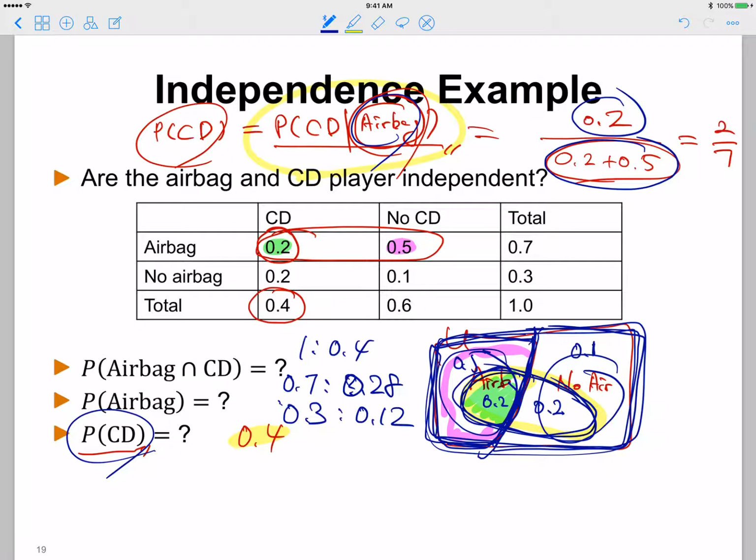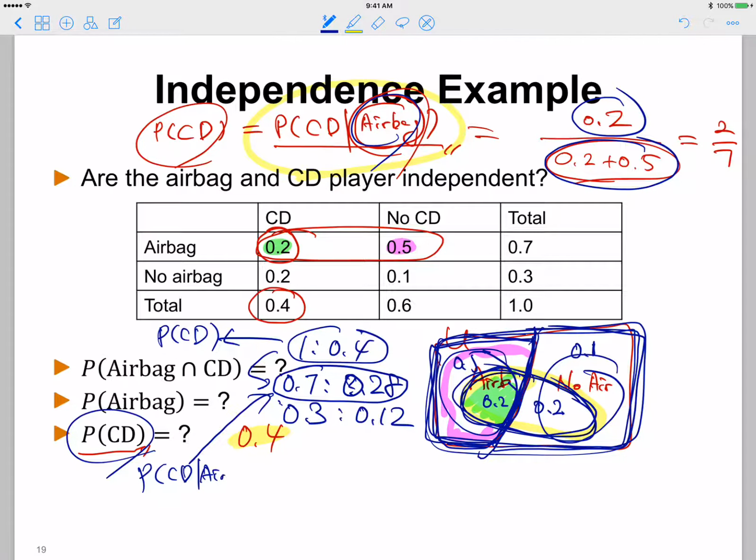So this ratio, if this ratio remains the same in this case, which is P of CD, and this guy is P of CD given airbag, and then what is this? So this is CD given no airbag, okay? So if these two are the same, and then the third one is automatically the same.